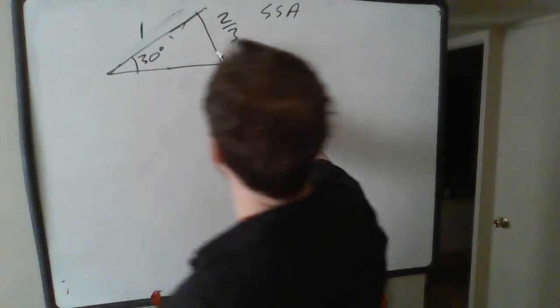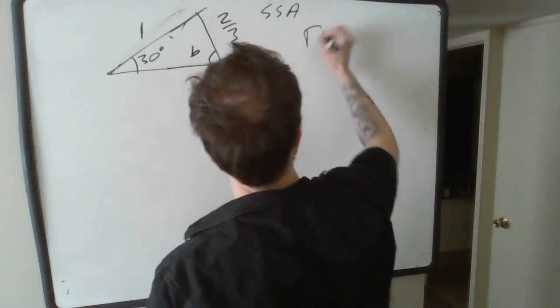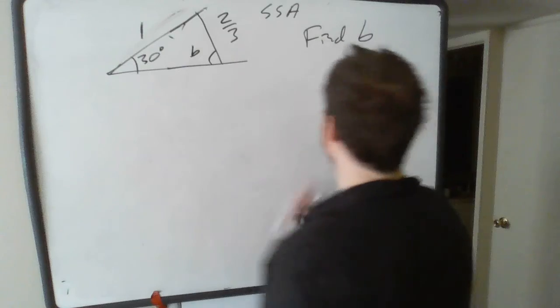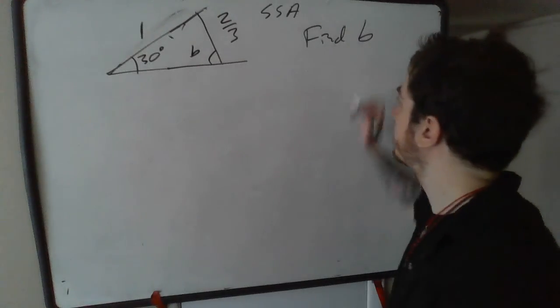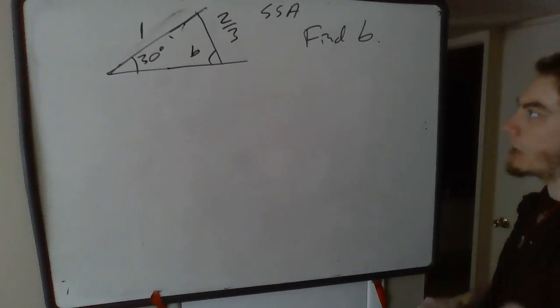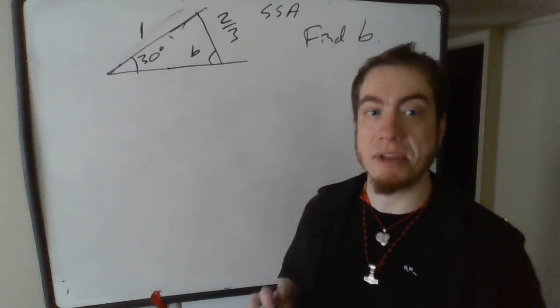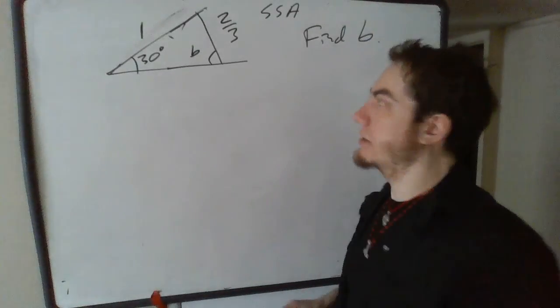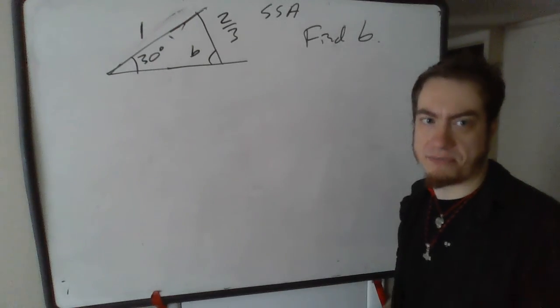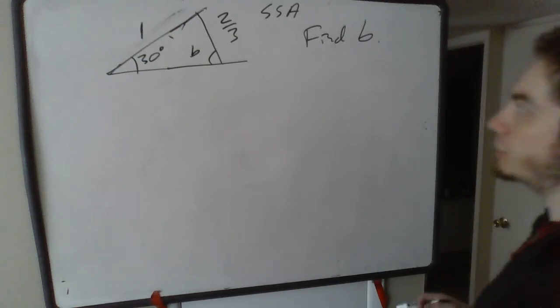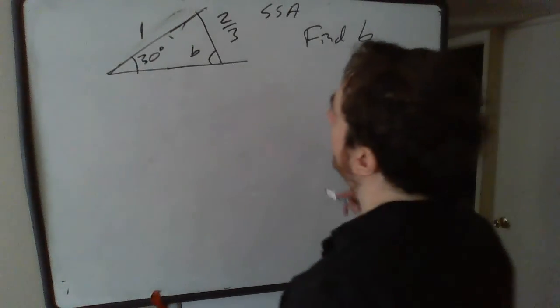And all I ask you to do is find the angle little b. So we're not going to worry about solving the entire triangle. I really just want to show you the different things that can happen here. The last steps of getting the last angle and last side are kind of the same no matter what.